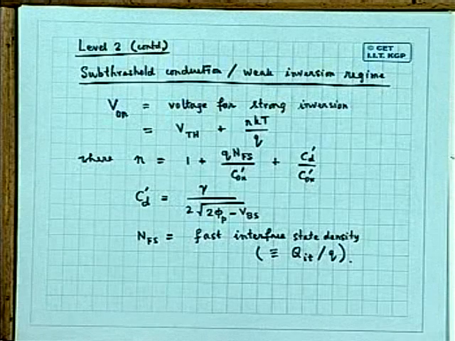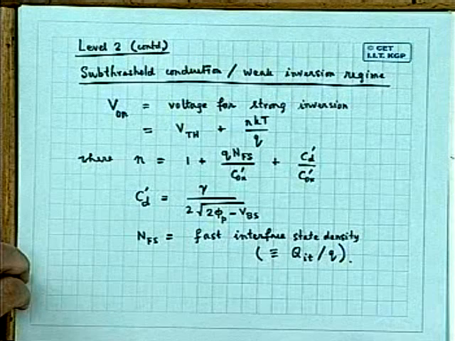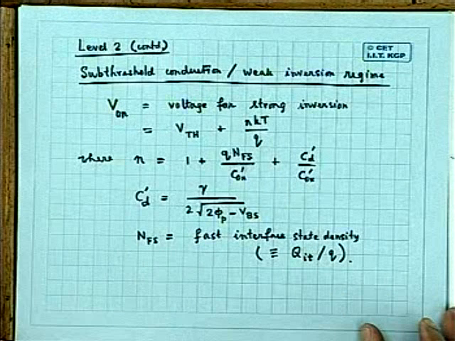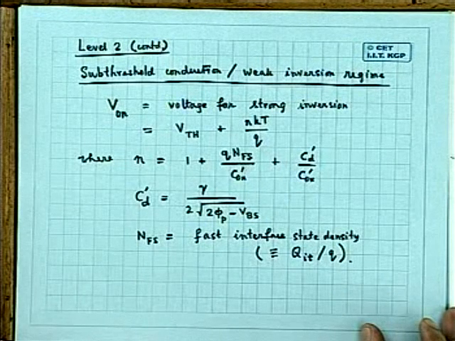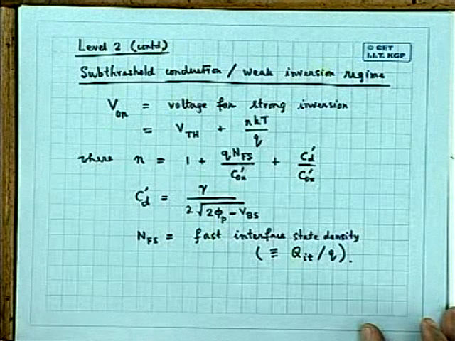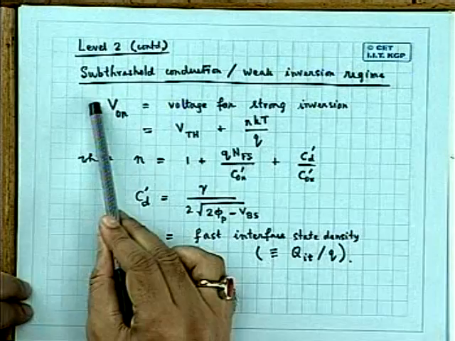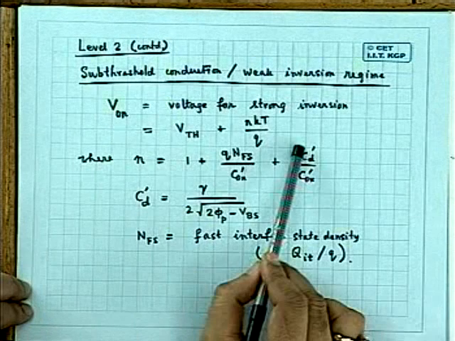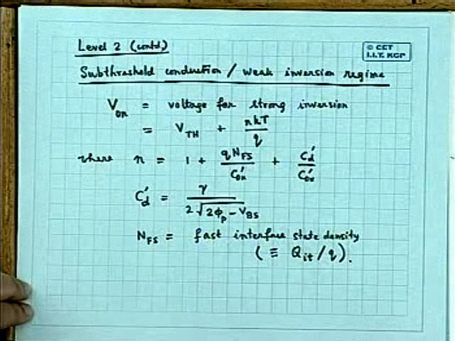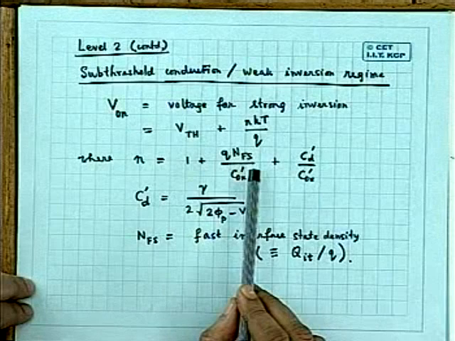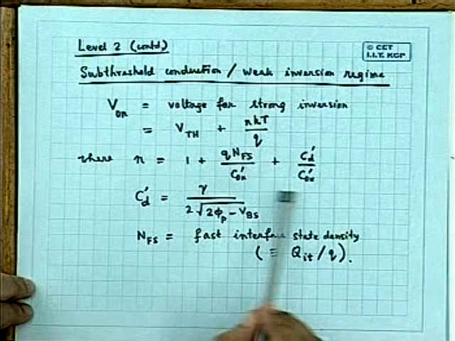Let me repeat once again. For the subthreshold conduction current modeling, that means current under weak inversion condition, we define a voltage for strong inversion like this, where n is again a parameter derived from a number of SPICE parameters.